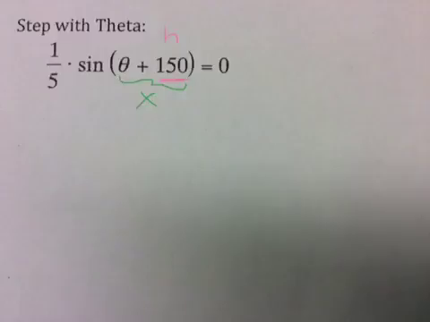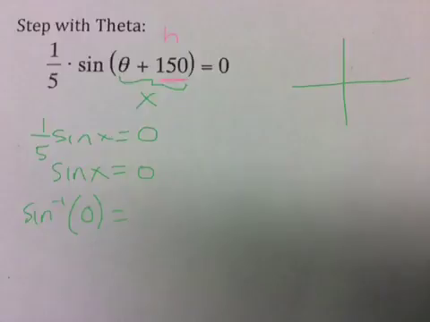So what I really have here is 1/5 sine of x equals 0. So same steps as before, divide both sides by 1/5. So I have the sine of x equals 0. And now I'm going to take the inverse sine of 0. And I will get, let's think about it here. Where is sine 0? Sine is 0 here.